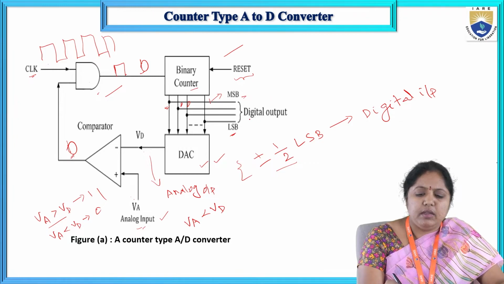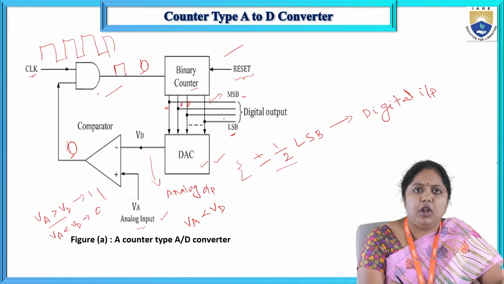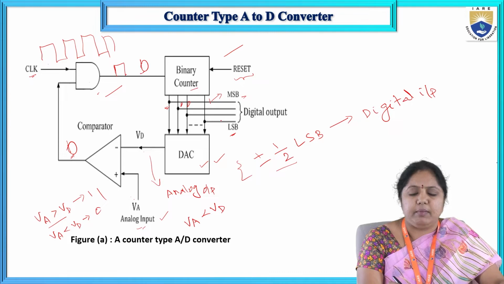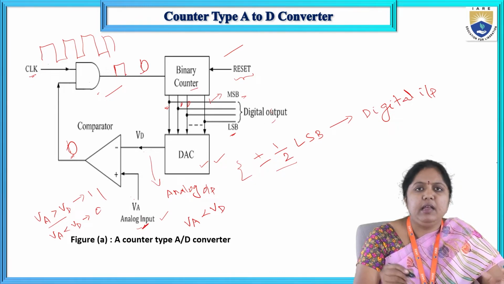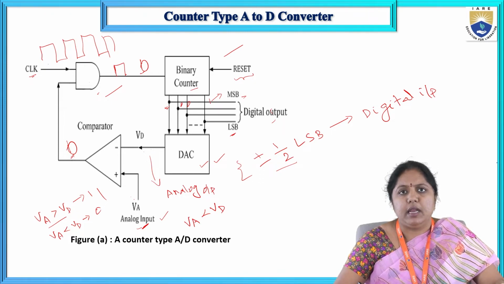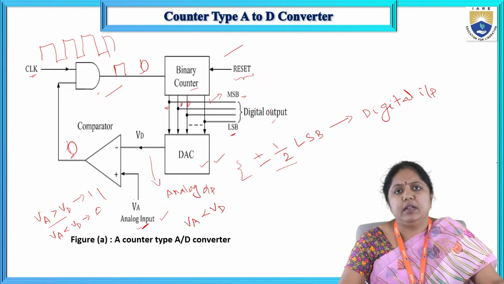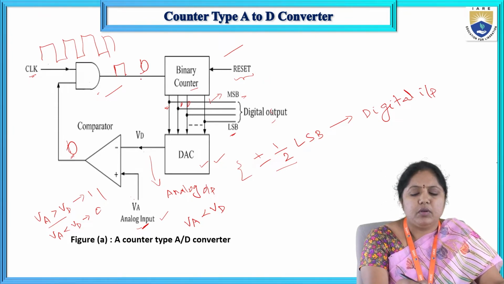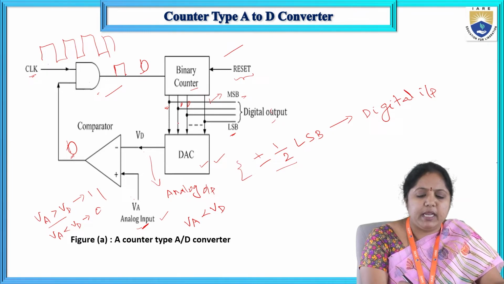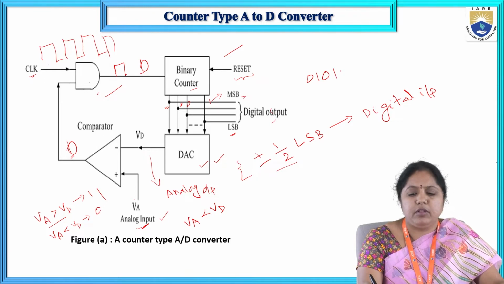Automatically, whatever the binary digital output I got till that time is the digital output for the equivalent analog input signal. Suppose after 10 clock cycles, the corresponding output of the AND gate is continuously 0. At that time the output of the binary counter is stuck.